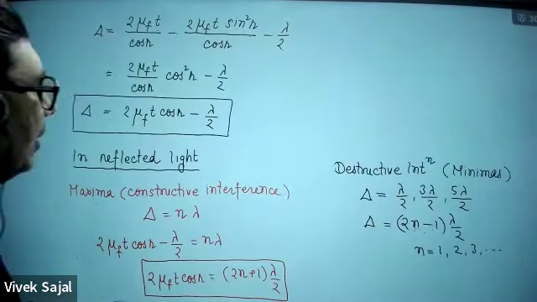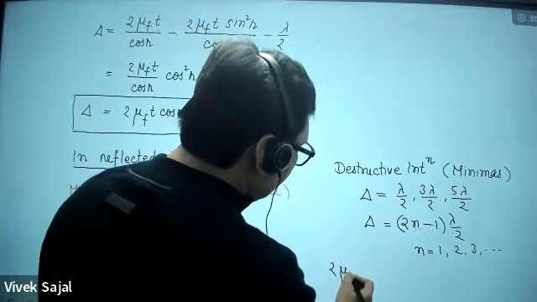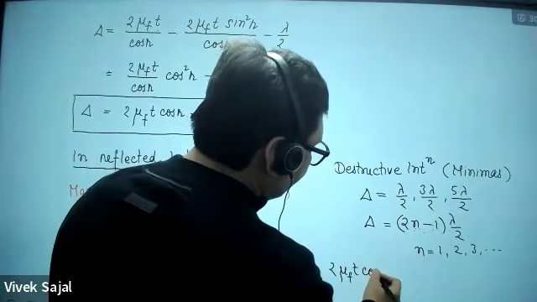So what is the path difference? The path difference is 2 mu t cos r minus lambda by 2, and this will be equal to (2n minus 1) lambda by 2. What is the advantage here? This minus lambda by 2 will cancel on both sides.